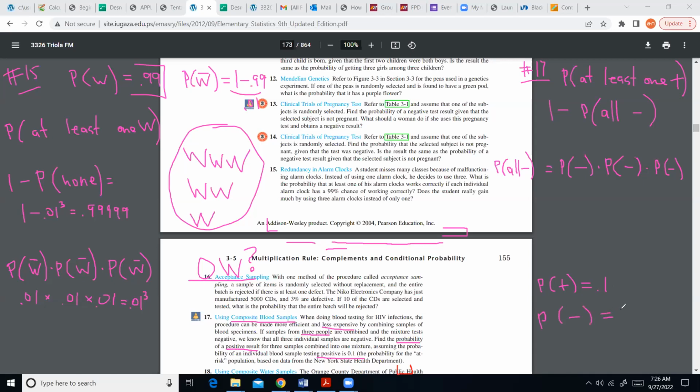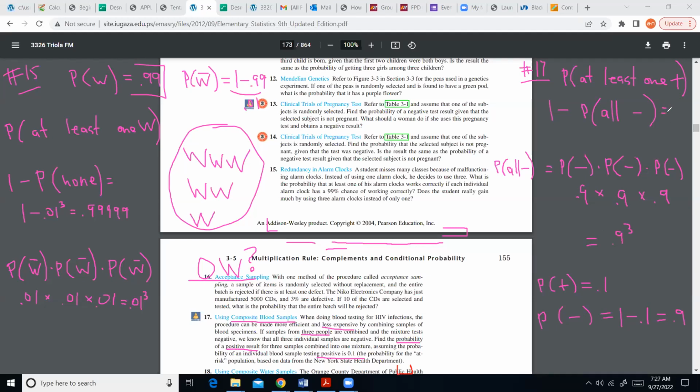So it's 1 minus 0.1, which is 0.9, 90% for negative. So 0.9 times another 0.9, and again another 0.9. We multiply 3 times with 0.9, so I get 0.9 to the power of 3.